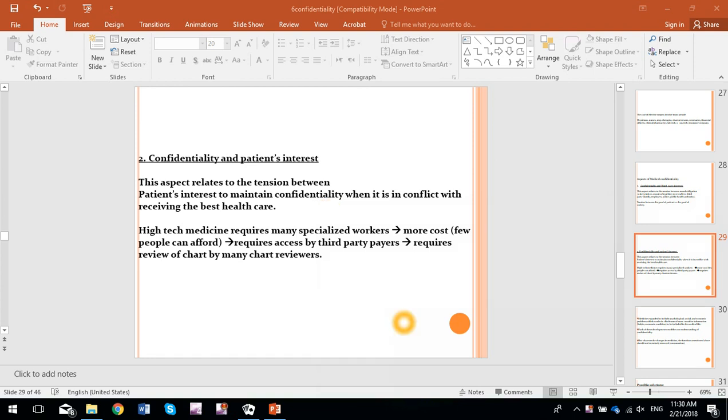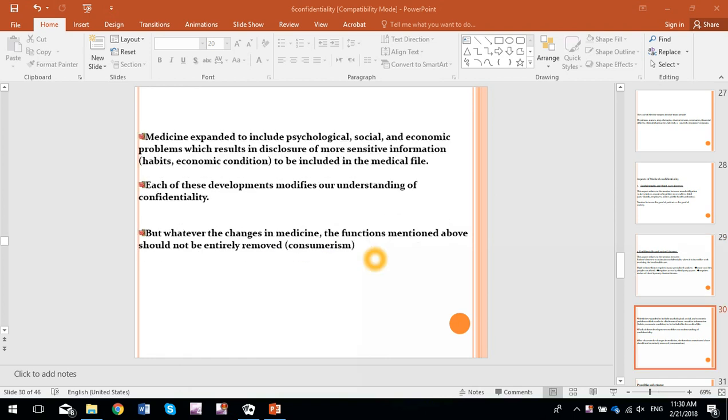Otherwise, you cannot order the ECG, and this applies to all the investigations required for the patient. You have to be clear on the justification for asking for this type of service, because the medical insurance is responsible for the cost, and they require you to justify your order. And again, the chart reviewers will review the medical file of the patient.